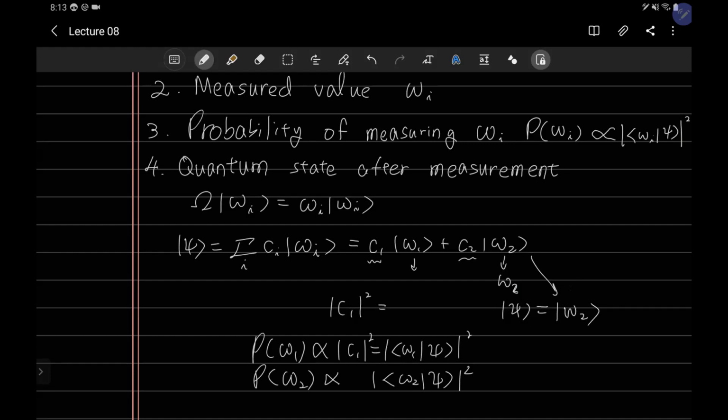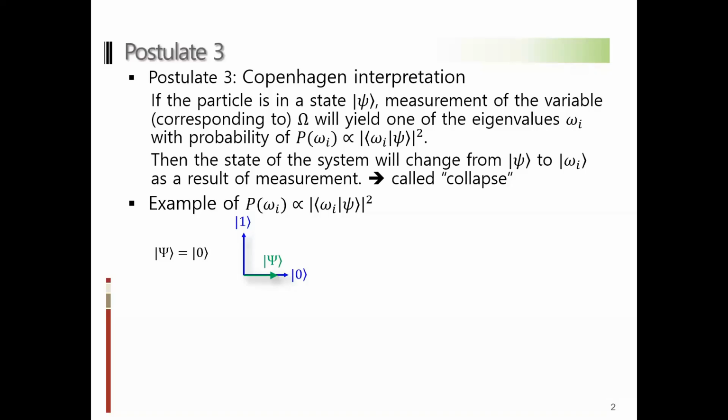I know that all of this explanation is still vague, so let me give you an example using the polarization measurement. One of the intuitive examples for the quantum state is the polarization. Let's imagine that we are thinking about the polarization here.